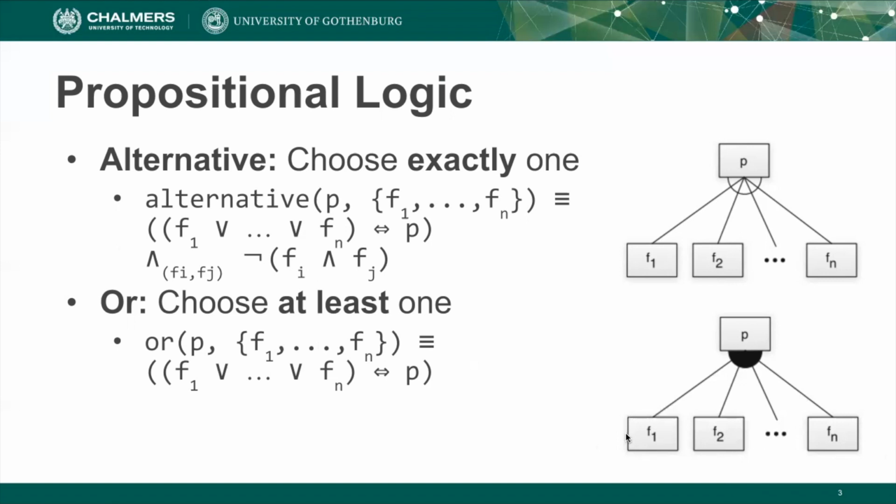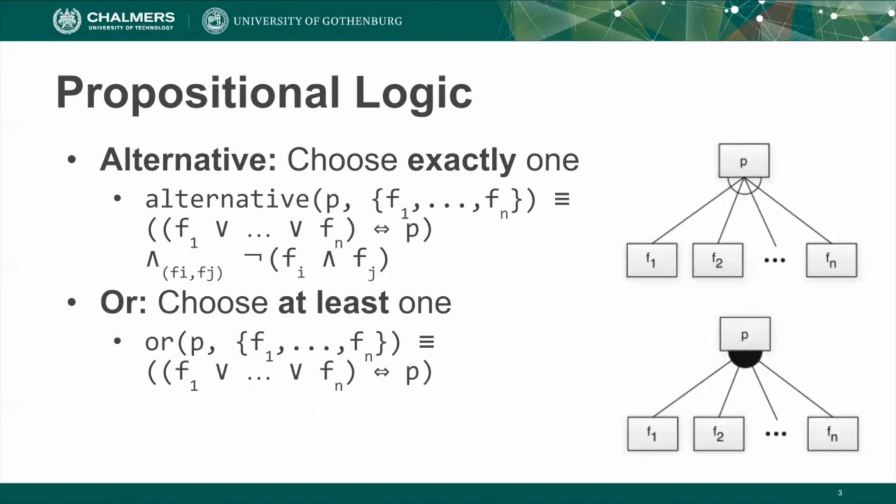In propositional logic, it takes as the first argument the parent and then the set of children, and the formula is basically just the first half of the alternative. If we choose P, we must choose at least one child. If we choose at least one child, we must choose P. We can choose any number we want. We don't have the second half here that we had in the alternative.